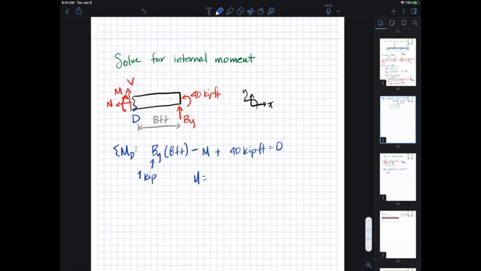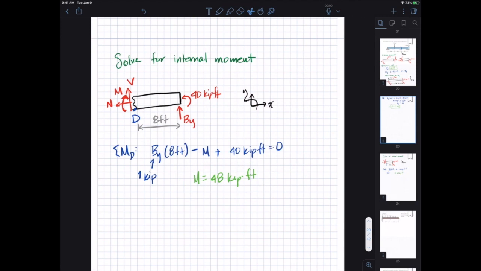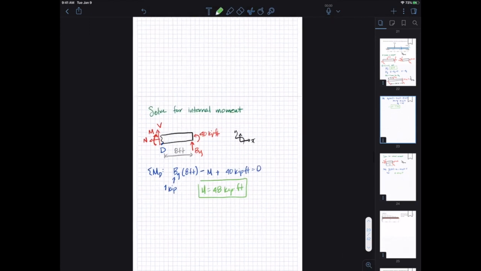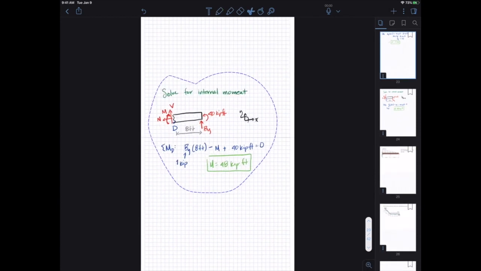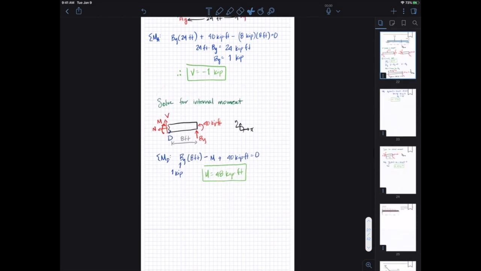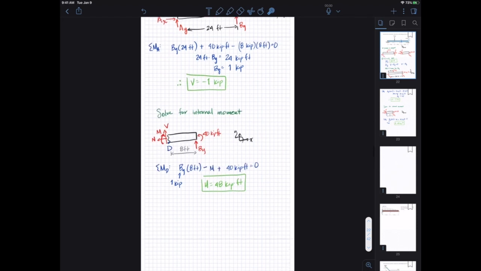So therefore M is equal to 48 kip feet. So those are the 3 internal forces. Go ahead and squish this up. So we have N equals 0, shear equals -1, and M equals 48 kip feet.